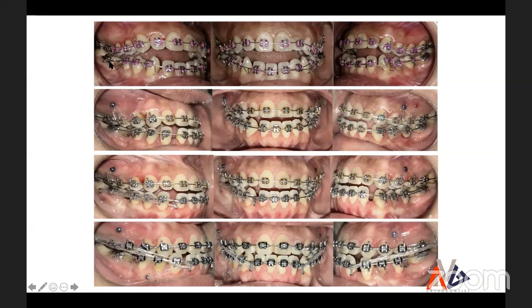What I've done is I have used wires in terms of attachment. That means one wire is being attached to this, and this. The second is from here, here, and here. So what I'm doing is basically increasing the interbracket distance while leveling and aligning so that the amount of force which is applied on each tooth to derotate or to align it is very, very minimal.